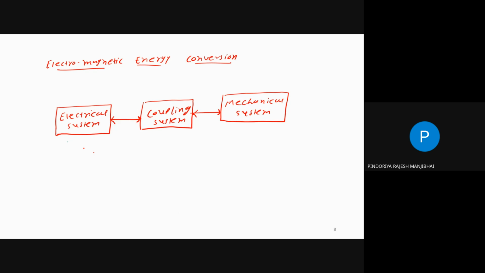For the electrical system, the input parameters may be voltage, current, and power, correct? And the coupling system may be electrical coupling, otherwise mechanical coupling.